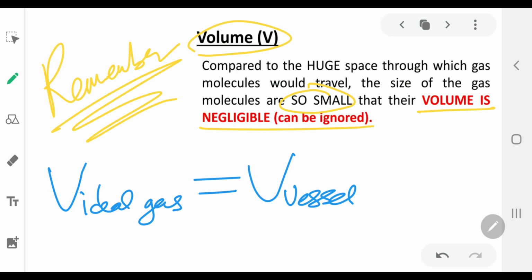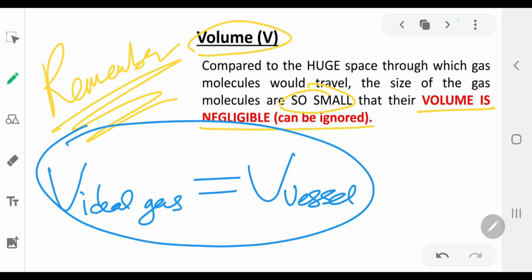Therefore, when you know the volume of your vessel or flask or container, that will be the volume of your ideal gas as well. Okay, so don't panic if you get a question. If it doesn't say what is the volume of your ideal gas, look for the volume of the vessel. Then remember this. So you should be okay.